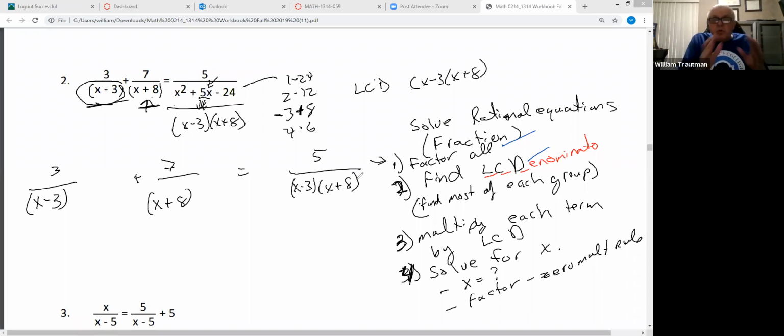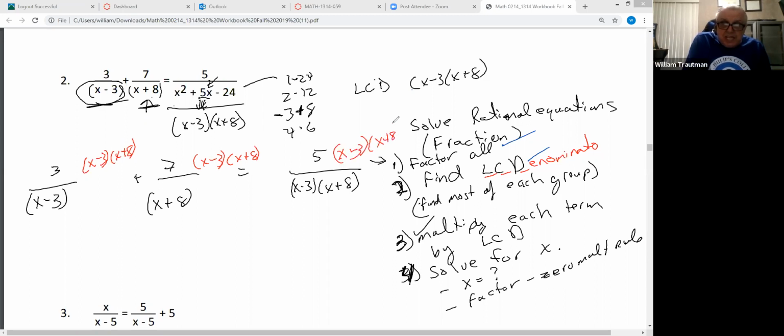Okay, so I'm rewriting it and multiplying each of the terms by the LCD. I'm going to multiply the first fraction by x minus 3, x plus 8. I'm going to multiply the second fraction by x minus 3, x plus 8. I'm going to multiply the last fraction by x minus 3, x plus 8.